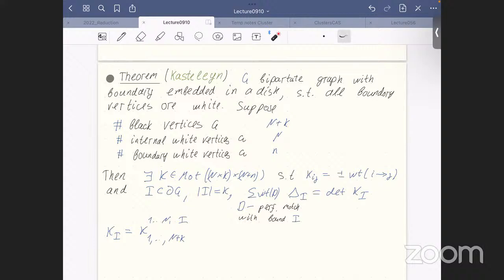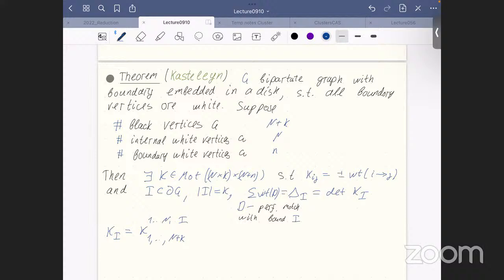We choose the first N columns, and then from the set of the boundary, we choose a subset of size k. Then we get this submatrix.